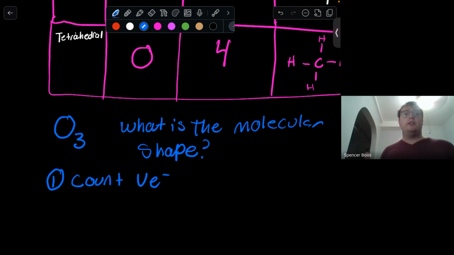Because if you don't count your valence electrons, you could end up with a structure that looks stable to the naked eye, but we can't gain or lose any valence electrons in this case. It's not like in ionic bonds where everything is just being transferred. Here, everything's shared. I can't lose anything.